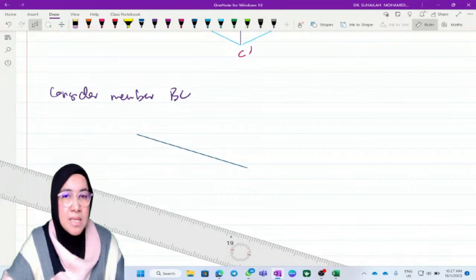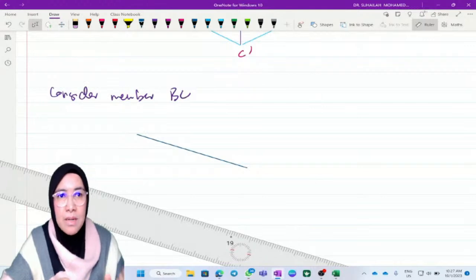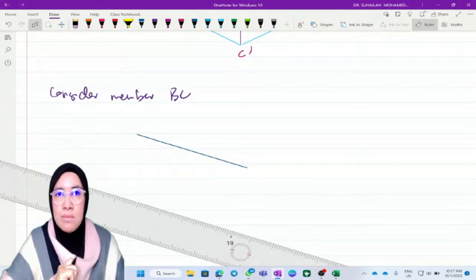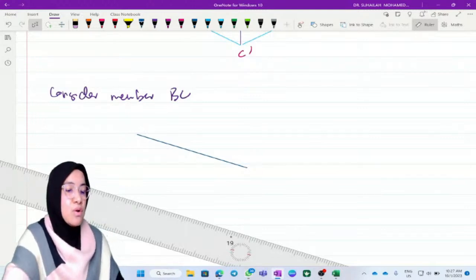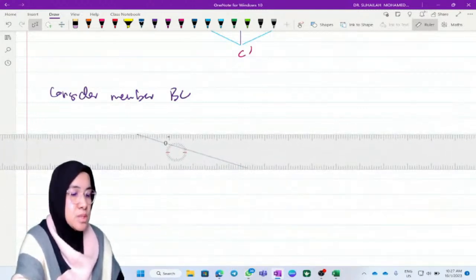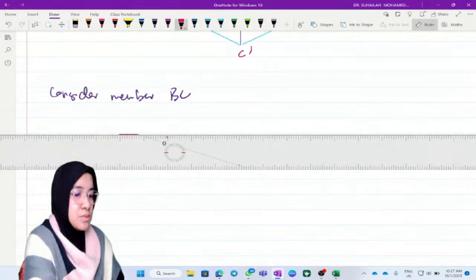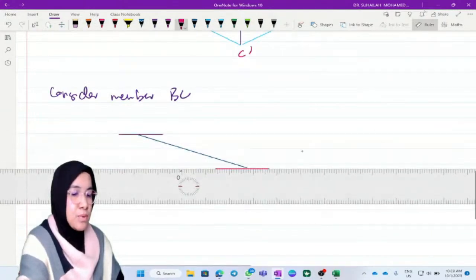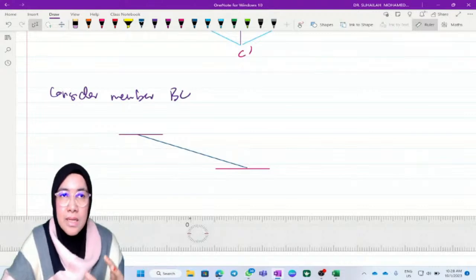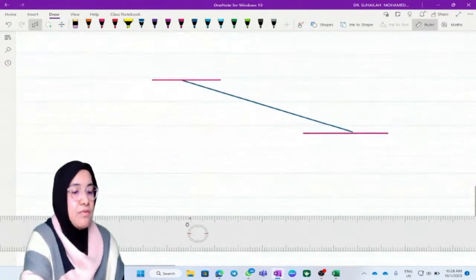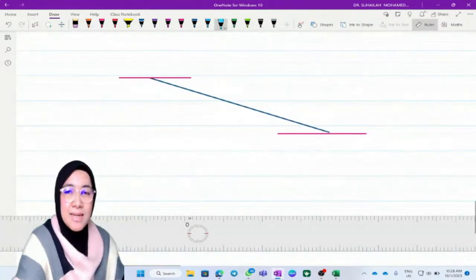The moment will push both ends B and C back to their original position. And always remember, the original position for a beam is horizontal. So we draw the horizontal line at both ends, and the angle will be measured from the original position.